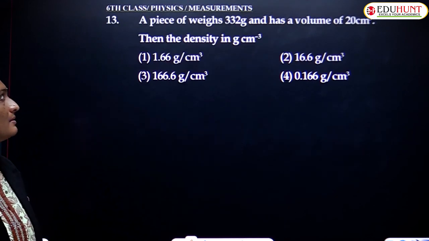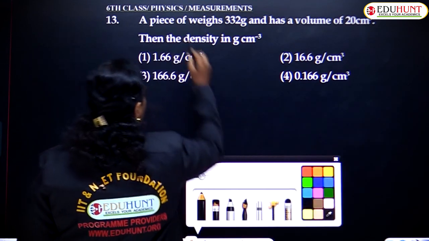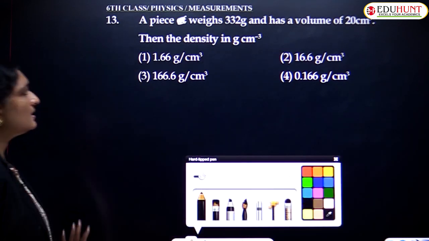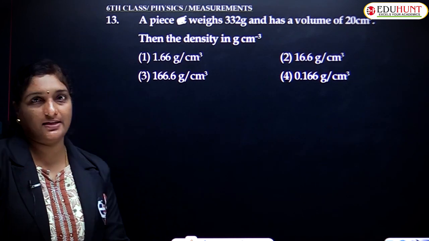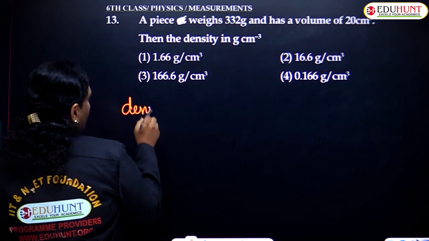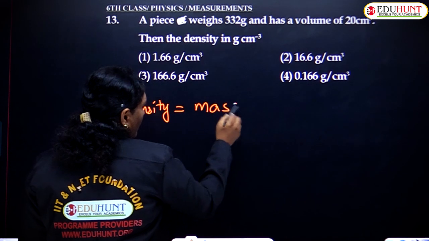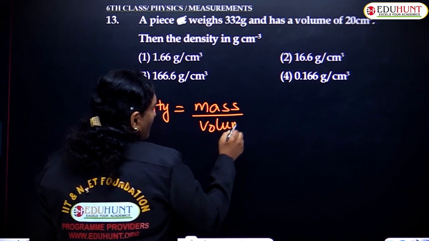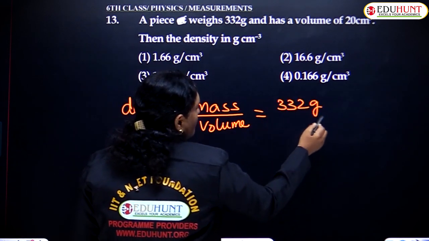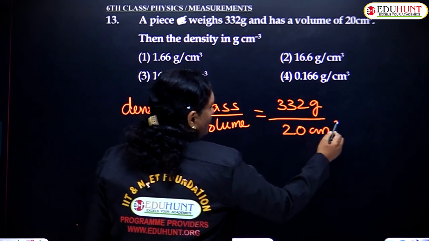Next, a piece weighs 332 grams and has a volume of 20 centimeter cube. Then the density in gram per centimeter cube is. What is the formula for density, children? Density equals mass by volume. How much is the mass they have given? 332 grams upon, what was the volume they gave? 20 centimeter cube.